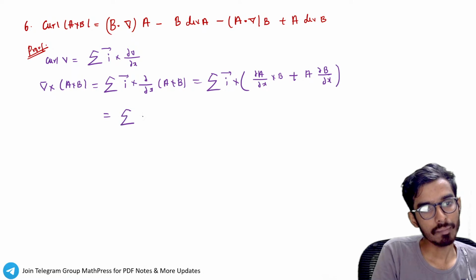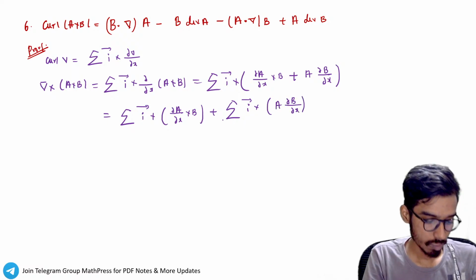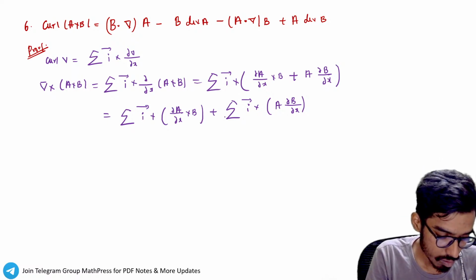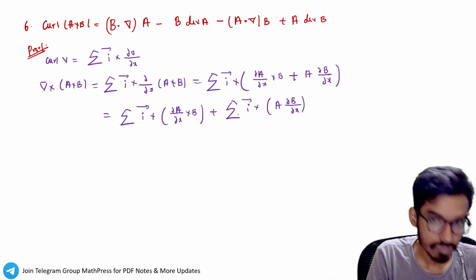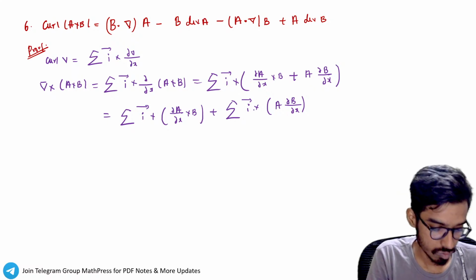So this is summation i cross dou A by dou x cross B plus summation i cross A cross dou B by dou x, right? Okay.